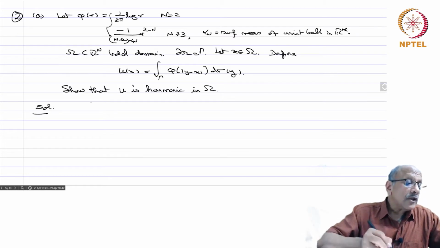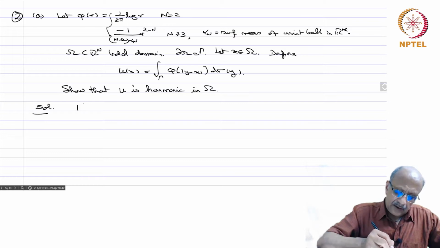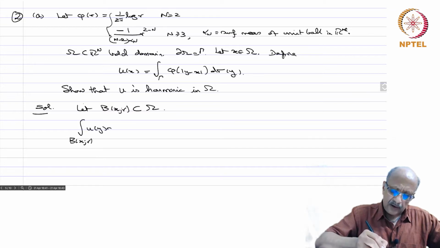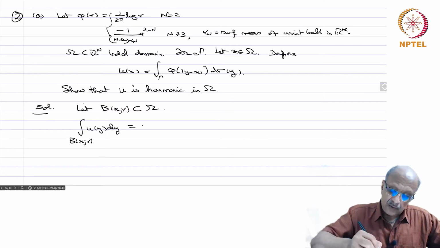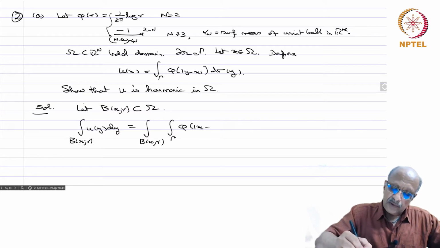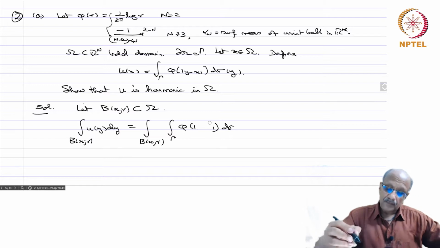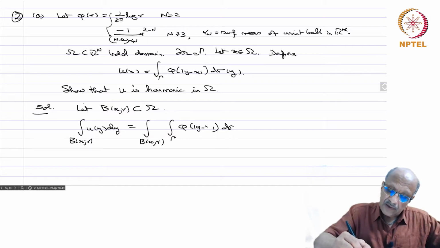So solution, let us take B(x, r) contained in omega. The integral on B(x, r) of u of y dy is equal to the integral on B(x, r) of the integral on gamma of phi of mod y minus z d sigma z dy.